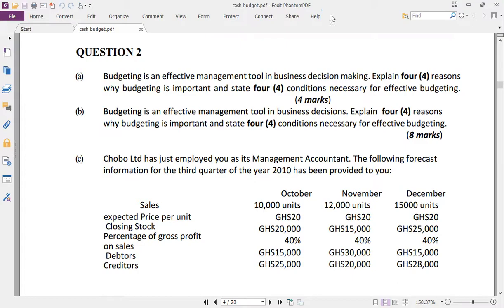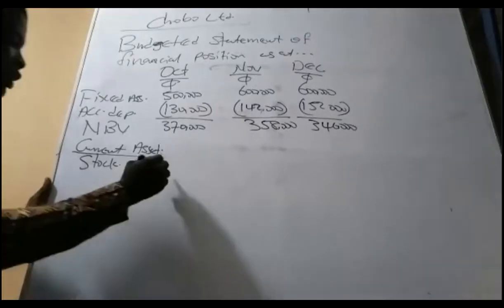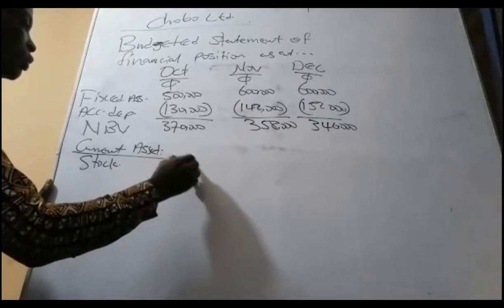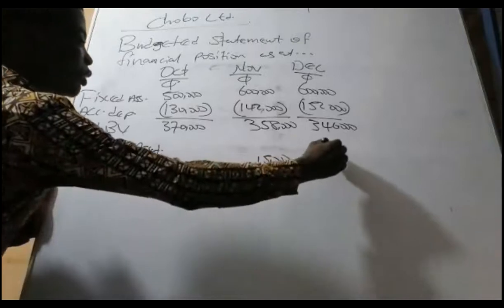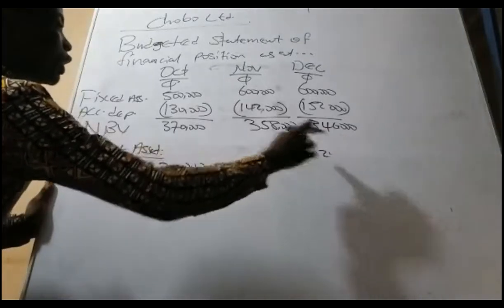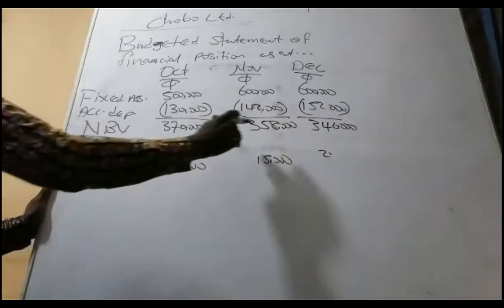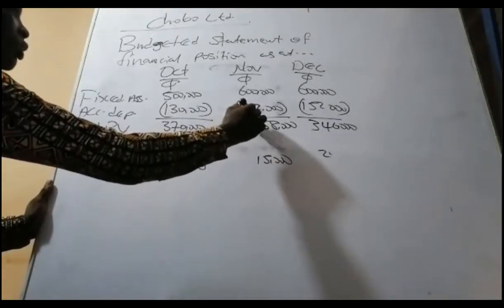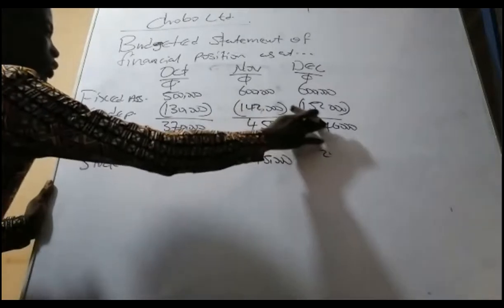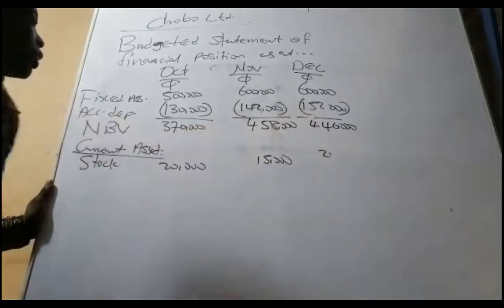Closing stock is 20,000, 15,000. But there's an error here. Yes, that is 4. Good. That's it.